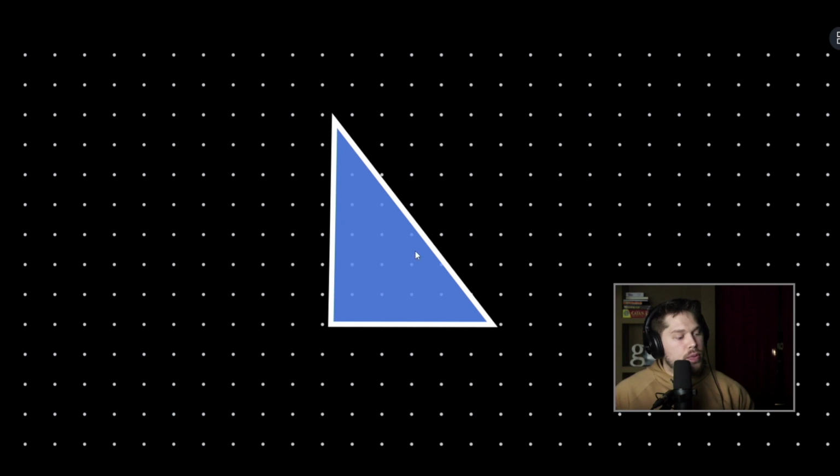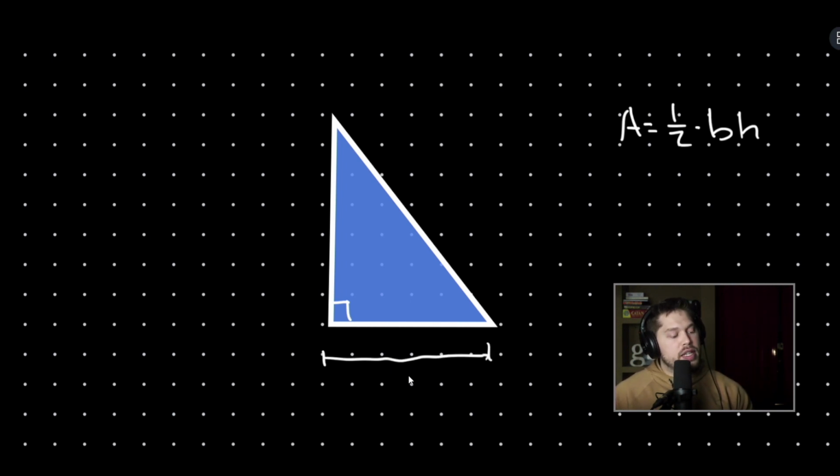So tried and true, our area formula equaling 1/2 times the base times the height. Here, if we have some right triangle, just this bottom portion here is going to be the length of our base, and then the height is of course just the height of our triangle.